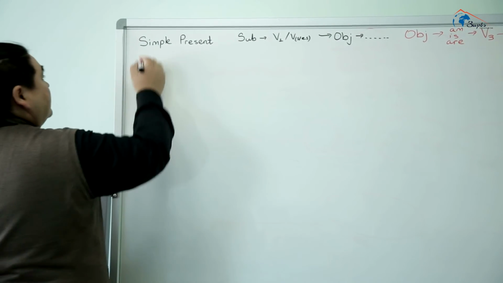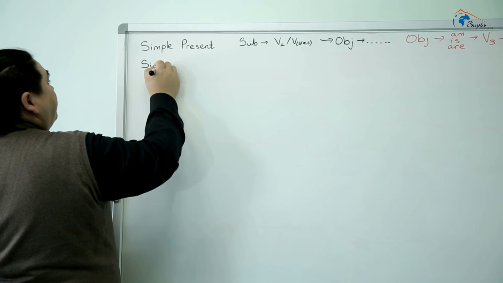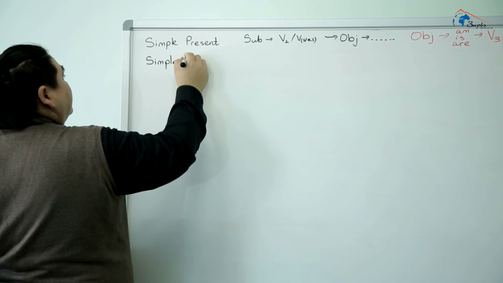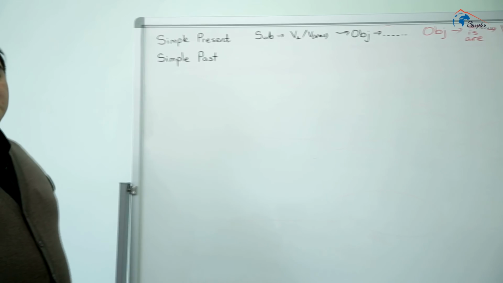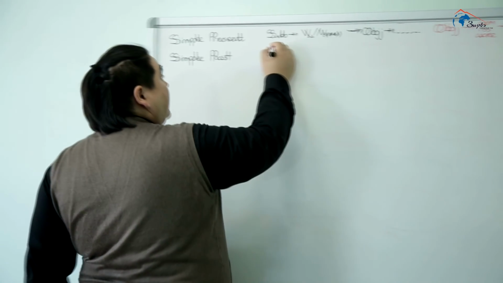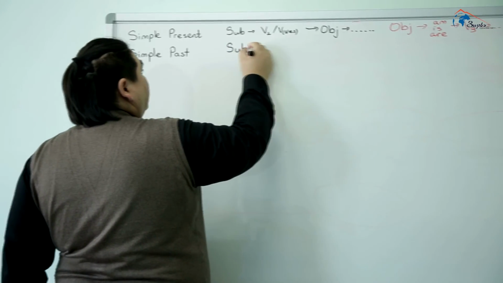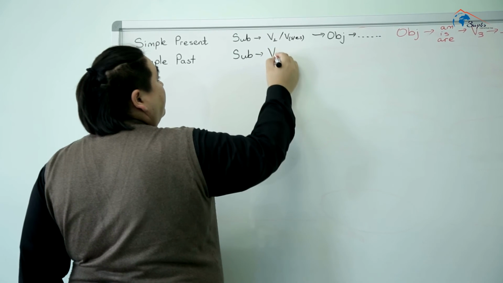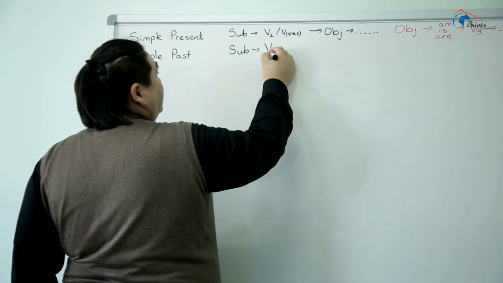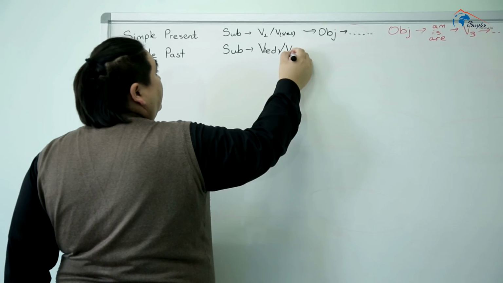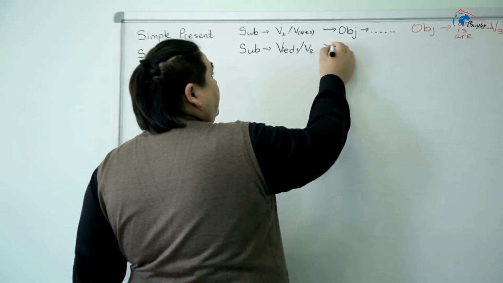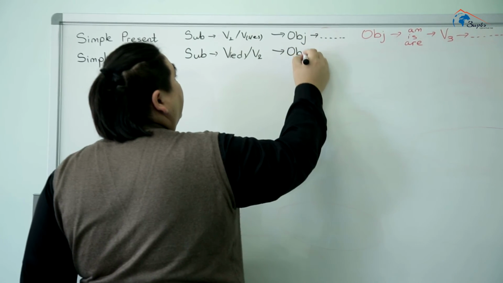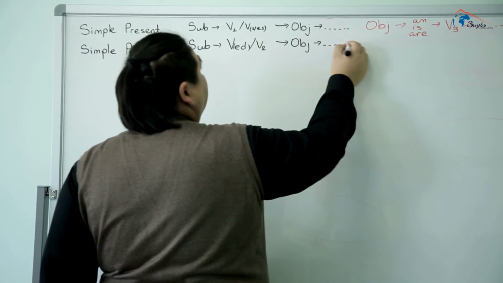How about the simple past tense? Here, the subject is followed by verb-ed, or verb 2. It's followed by the object and extras.